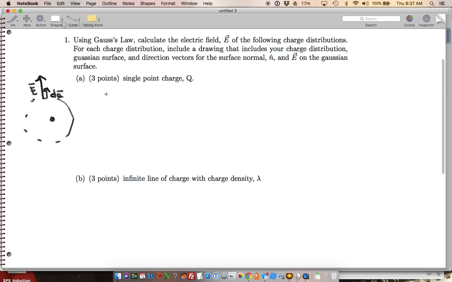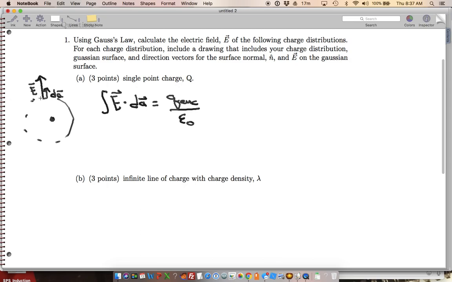So that means that my Gauss's law is the integral of E dot dA, right, is equal to Q enclosed over epsilon naught. So my E dot dA, since they point in the same direction, I just get E and dA.